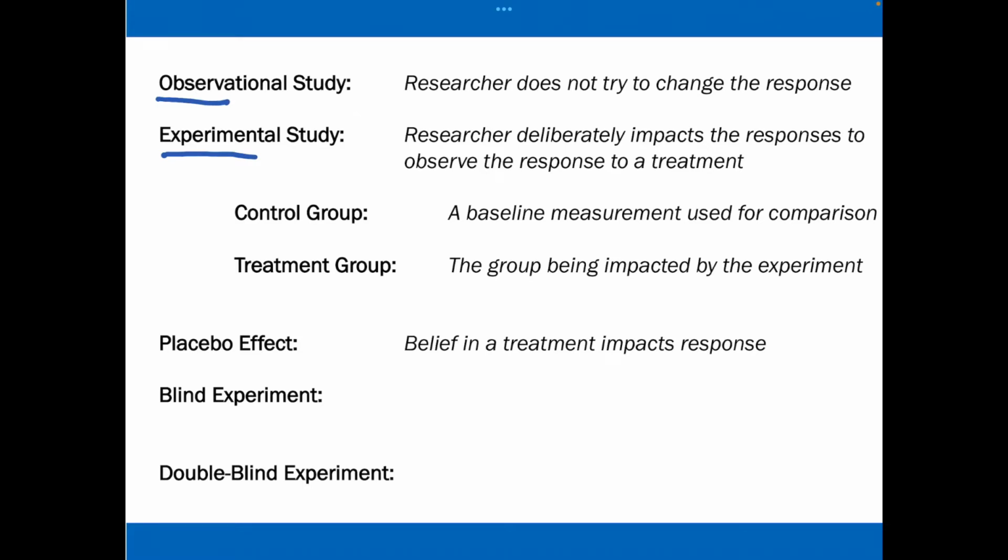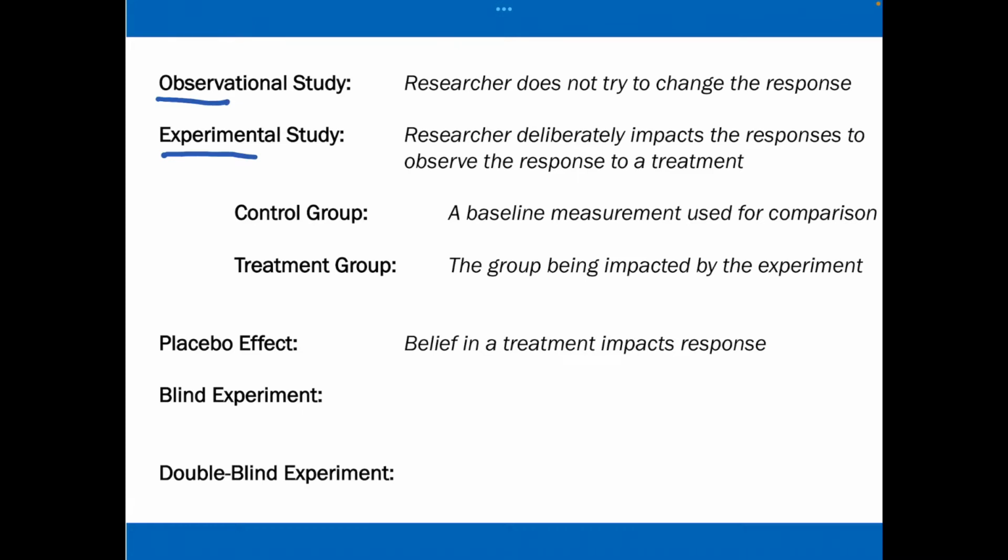So in a medical setting, if you give someone a pill, even if the pill does nothing, and tell them this pill will make you feel better, a certain percentage of people, their body will respond to that and start to feel better. And don't think those people are crazy or making it up. They're normal. This is just the way we respond. And the placebo effect, it's debated and argued in literature, but it does appear to be a real effect, and it's something we have to take into consideration.